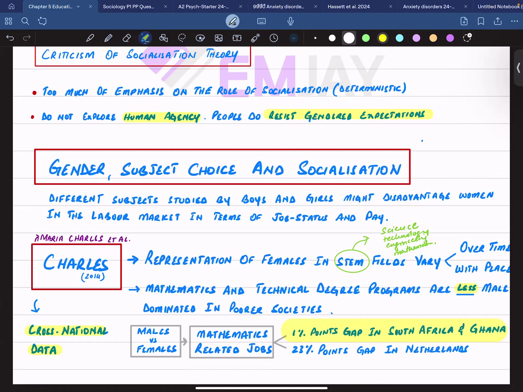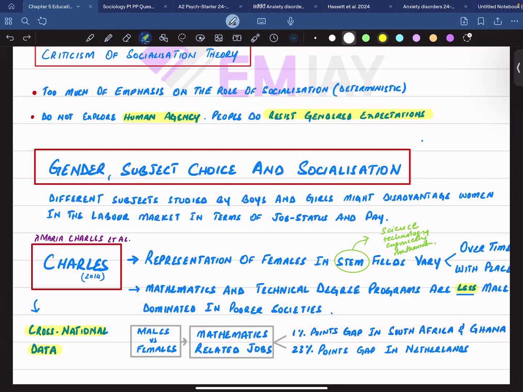In relatively poor, less developed countries, the gender gap, the difference between males and females in the mathematics-related jobs they seek, was only 1%.